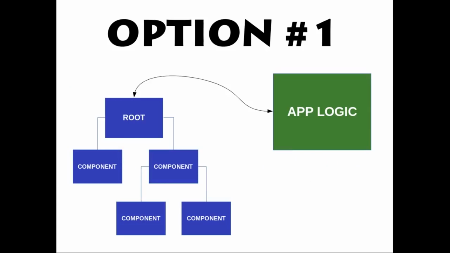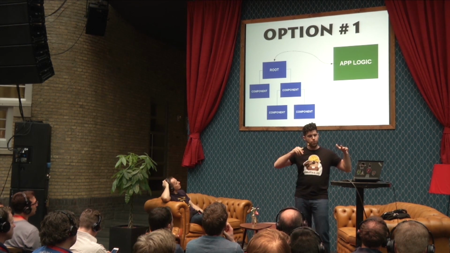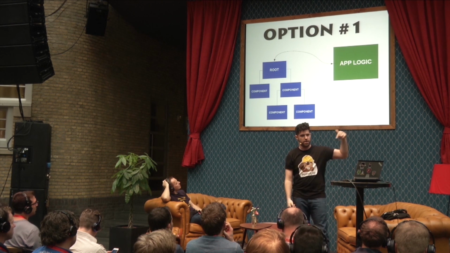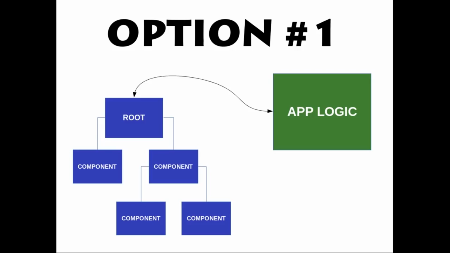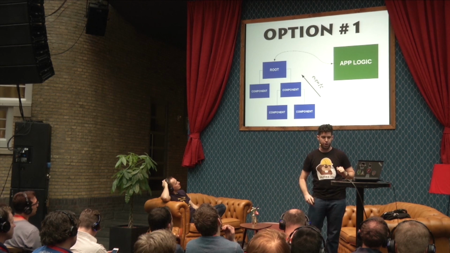The first option that we see in other frameworks or blog posts or tutorials is to pass the data from the root all the way to the bottom, right? It's the one-way passing of the state down the hill and then catching all of the events up to the root component, which talks to the application logic.